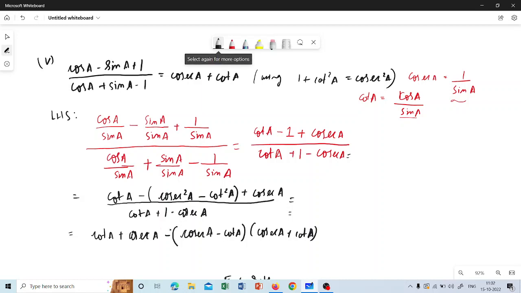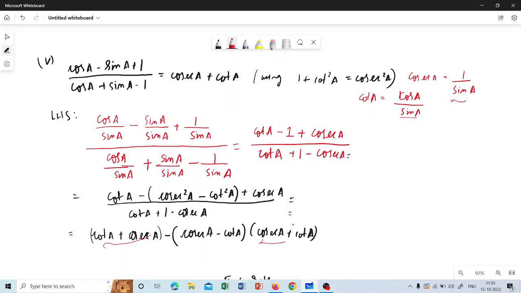So now you can very clearly see that this expression and this expression are both the same.